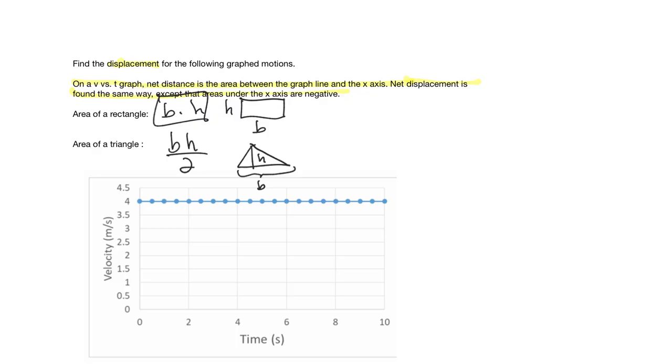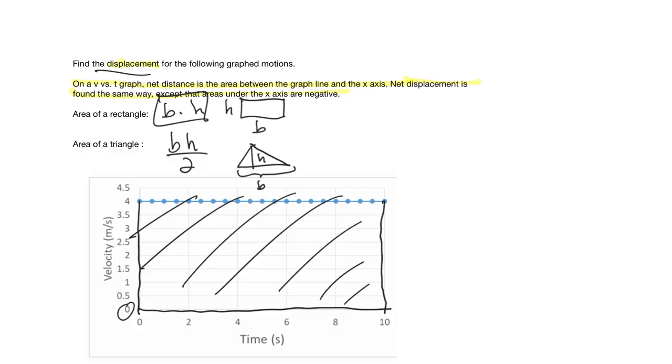Okay, so let's find displacement in these graphs. So here's the 0 mark. So this looks like a triangle. Here's the x-axis. The area between the x-axis and the graph line makes a rectangle. So that'd be 4 times 10. The area, 4 times 10 is 40 meters per second squared.